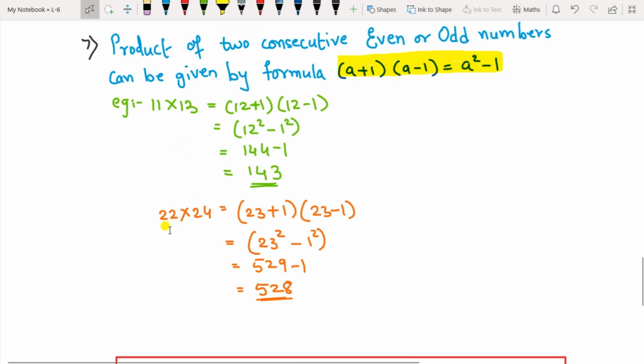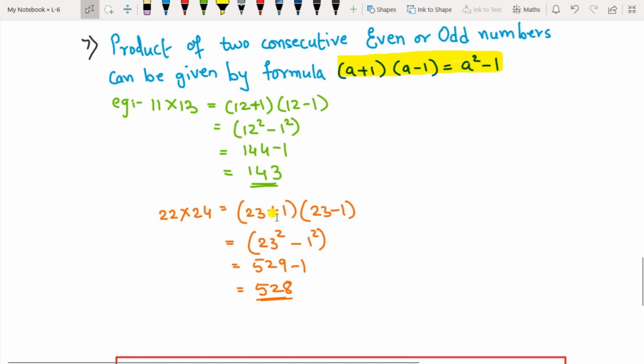Similarly, in this example, 22 and 24, if you want to find the product of 22 and 24, you need to find a number which has an equal difference from both these numbers. If you add a number to it, you get 24, and if you subtract the same number, you get 22.